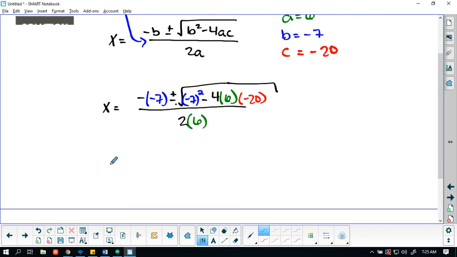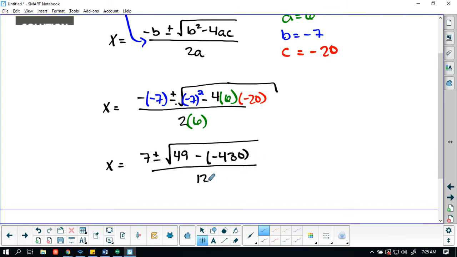All right, so negative times a negative gives us a +7, plus or minus the square root. -7 squared will be 49, minus 4 times 6 times -20, so 4 times... and we get -480, all divided by 12.